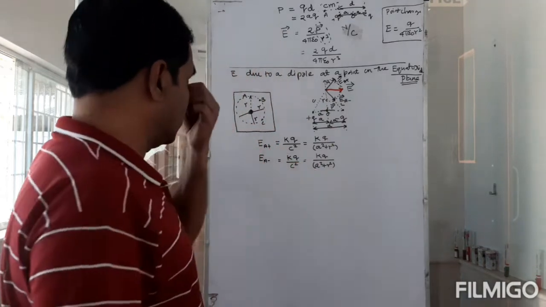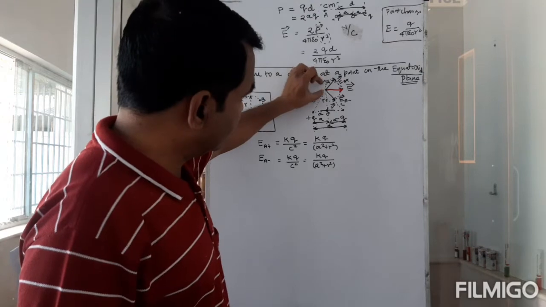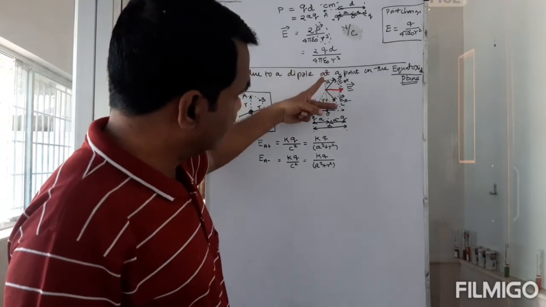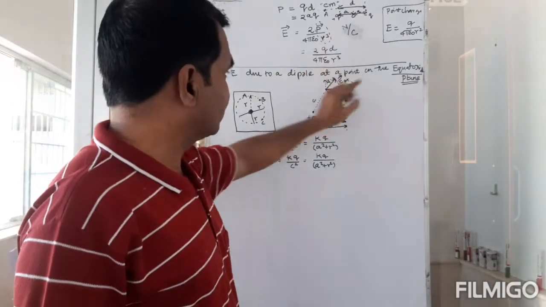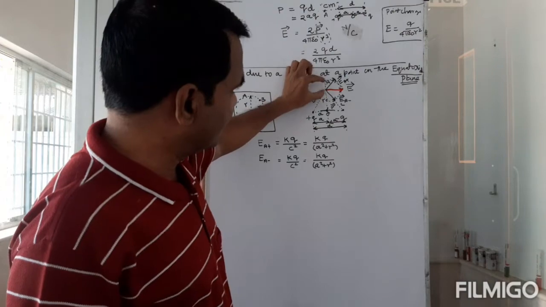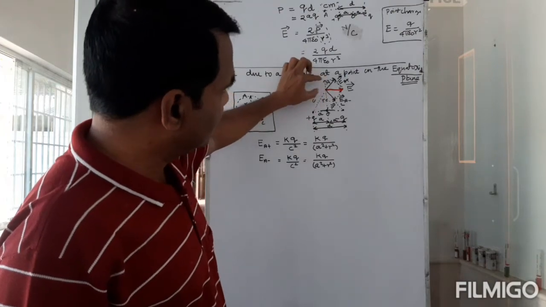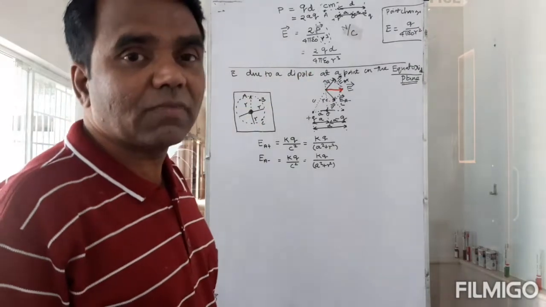And note that this vector is cancelled by this vector because they have the same magnitude, and the angles are the same here and here, so it gets cancelled easily.